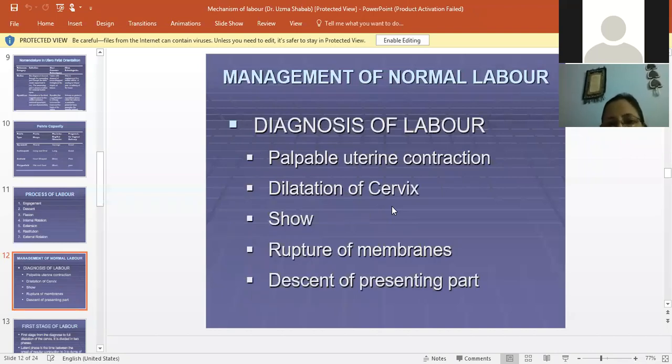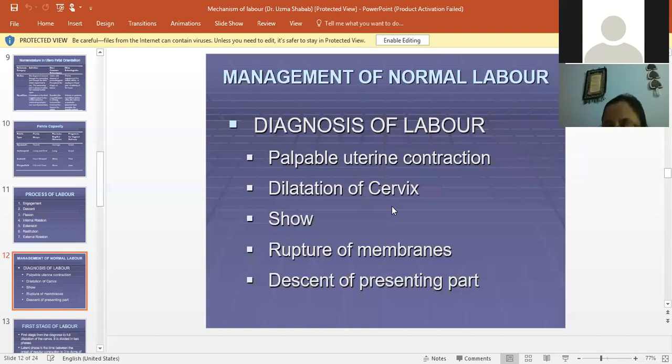How do we manage labor? First, in order to manage labor, we have to diagnose whether labor has begun or not. We diagnose it with palpation of the abdomen, so that we can palpate the uterine contractions, and by doing a vaginal examination.